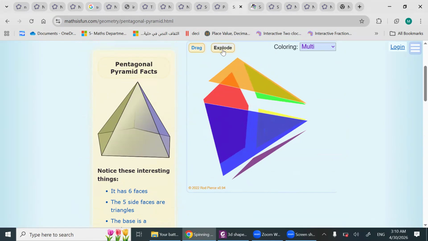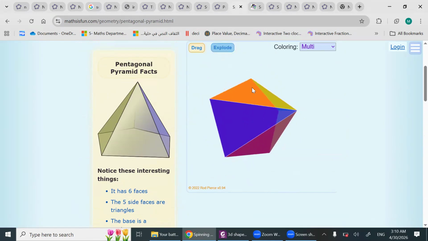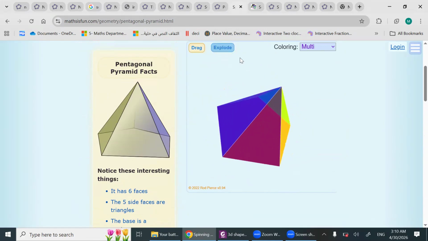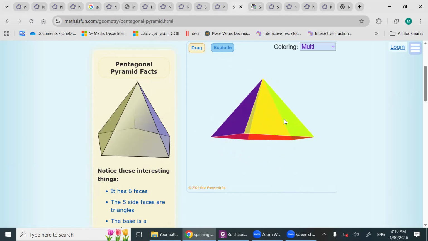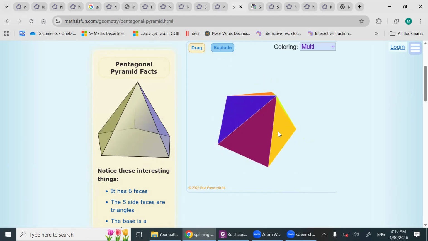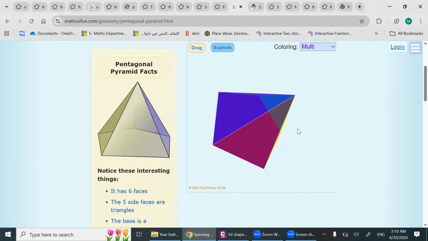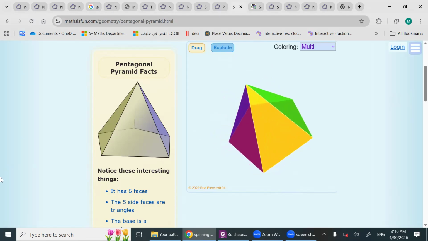You will find that this shape has one pentagon down and 5 around. So this shape has only 6 faces. Because this is a pyramid, it also has 6 vertices.